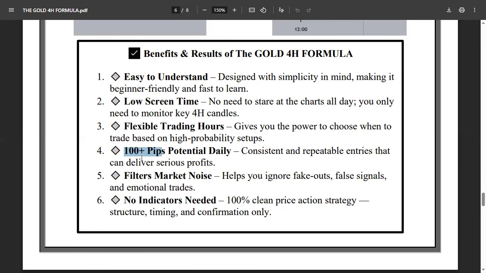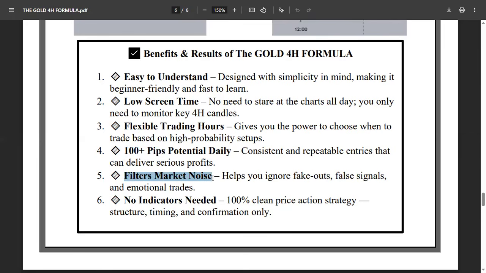You can sit from Monday to Friday and get nothing, maybe just 50 and something pips. So in here, you get 100 pips in just a 4-hour candle. That is very, very good. Sometimes we get 50 pips, sometimes we get 80, but most of the time we get 100, which is a very good thing.